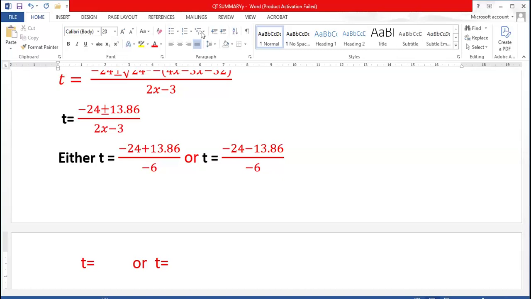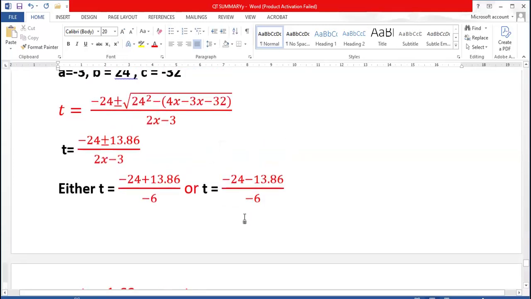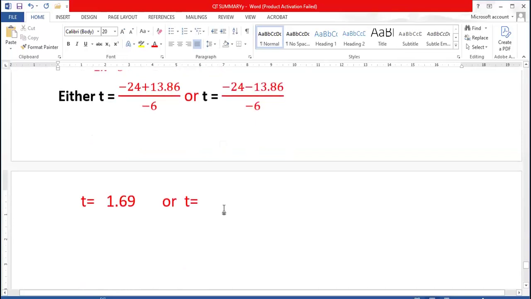Pardon? 1.690. Okay, then here, open bracket, negative this minus this, close bracket, divide by negative 6. 6.31. So you have positive values.